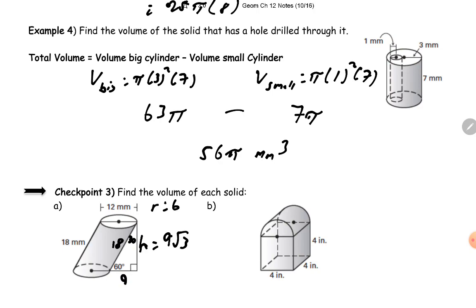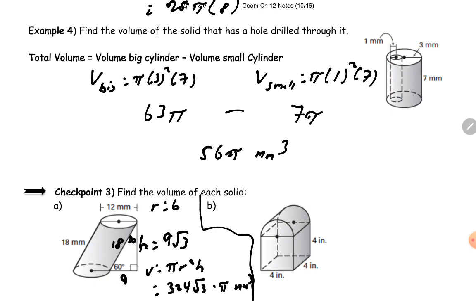Now that we have all that, volume equals pi r squared times height. So this is going to be 324 times the square root of 3 times pi cubic millimeters. Punch that in your calculator. 324 times square root of 3, close parentheses, times pi. Or 324 times pi times square root of 3.